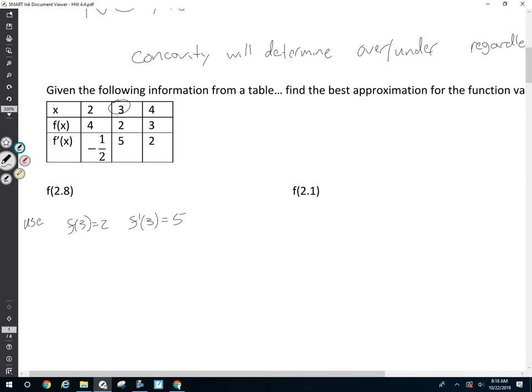And I'm going to create a tangent line equation. y minus 2 equals 5 times x minus 3. I'm going to approximate f of 2.8 by plugging 2.8 in for x.